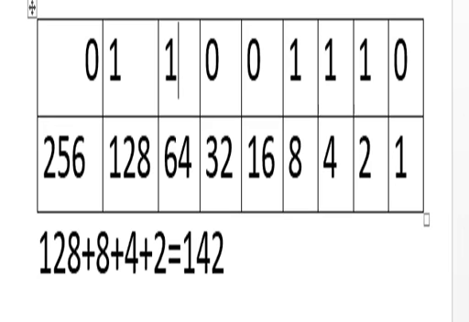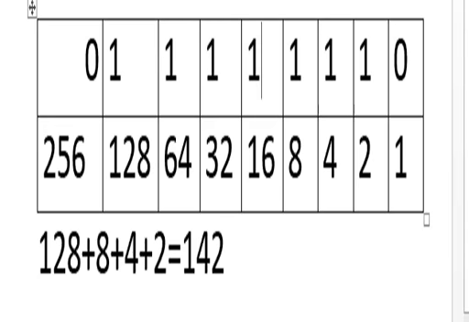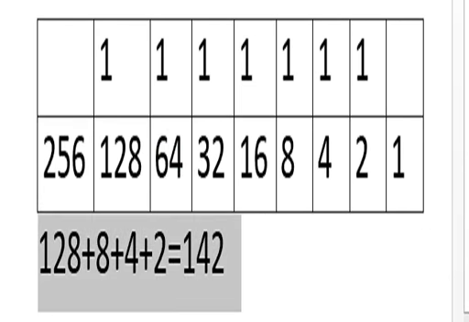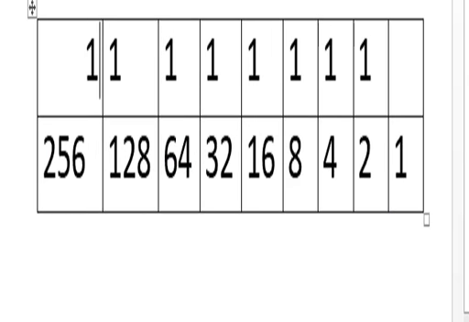So if you add all these together, this will be a gigantic number, I'm guessing. Let's put them all as 1, and I'm just going to Google it because I can't be bothered to work it out. So we'll have 256 plus 128 plus 64 plus 32 plus 16 plus 8 plus 4 plus 2 plus 1 equals 511.